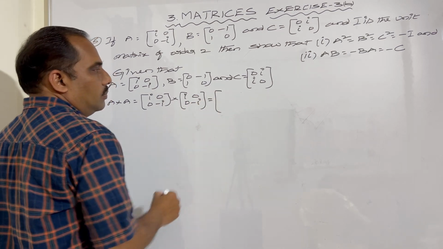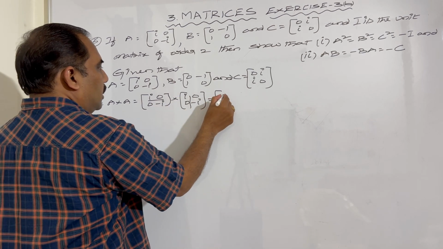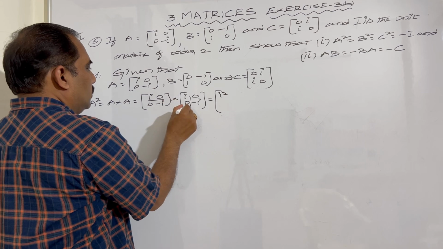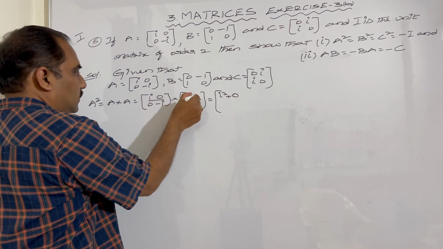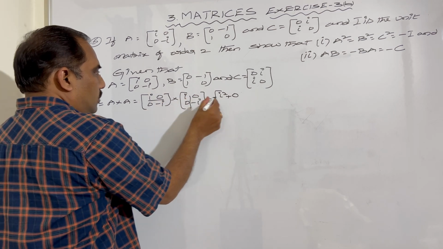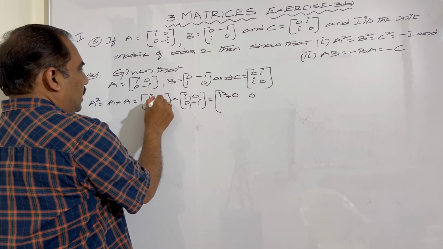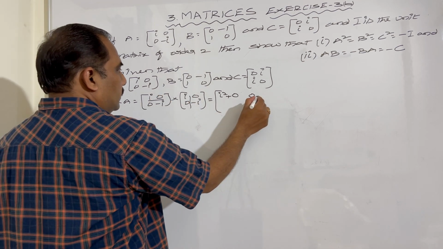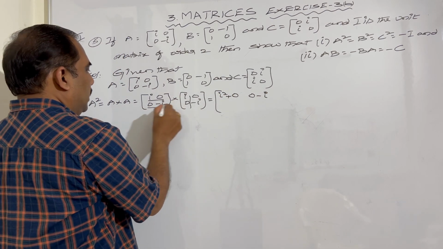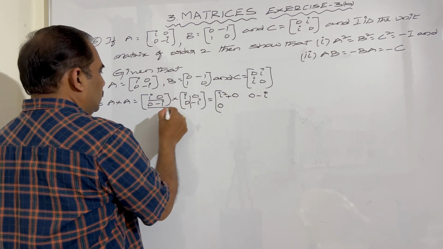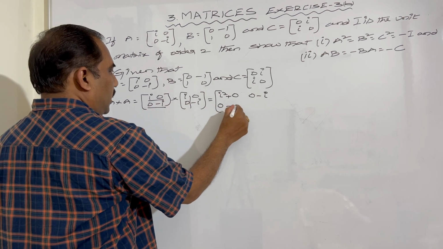So directly multiplying, see here, first row, first column, I into I, that is I square, and 0 into 0, that is 0. And first row, second column, I into 0, that is 0, and 0 into minus I, that is minus I. Again second row, first column, 0 into I, that is 0, and minus I into 0, that is also 0.